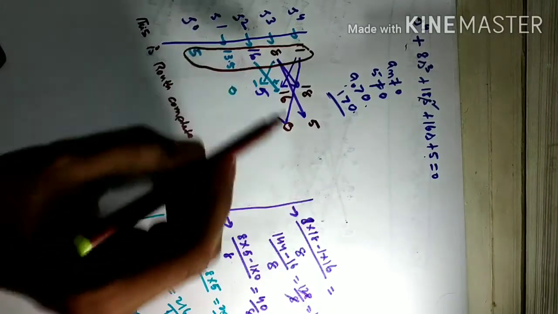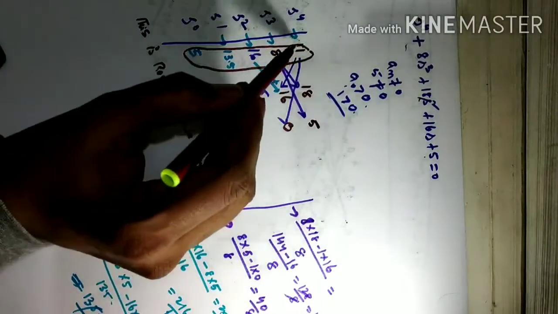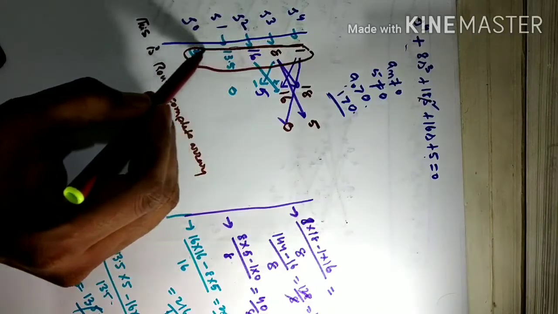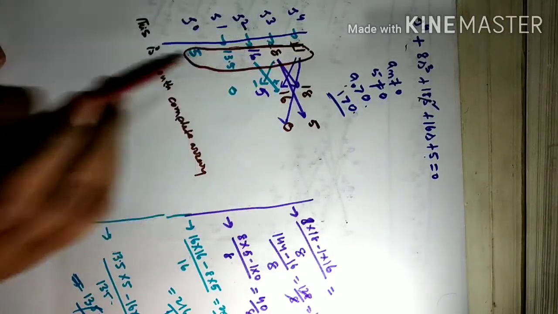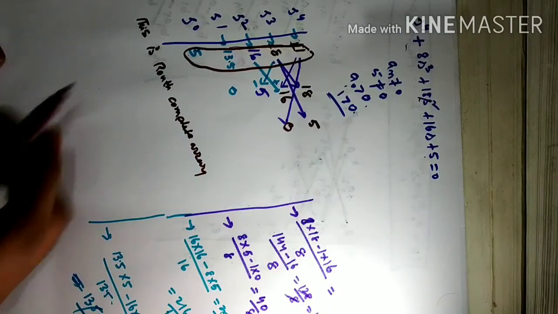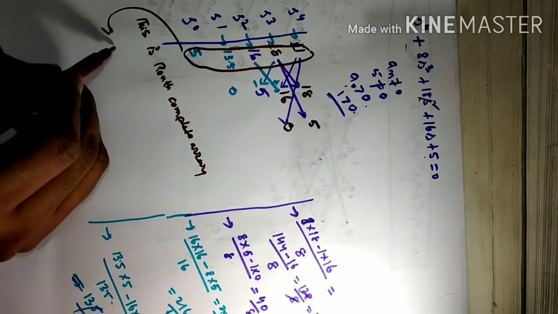Once again, I'm repeating. The elements of the first column should be positive, so the system is stable.